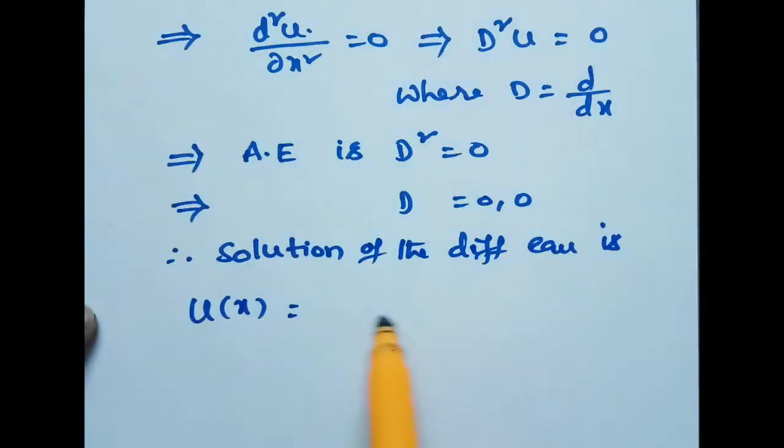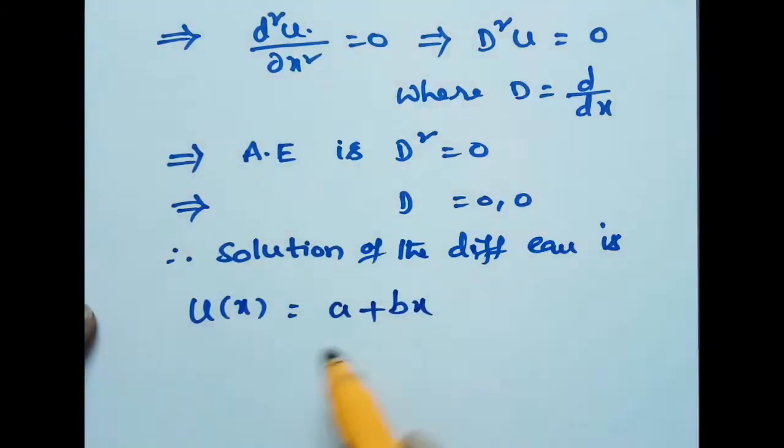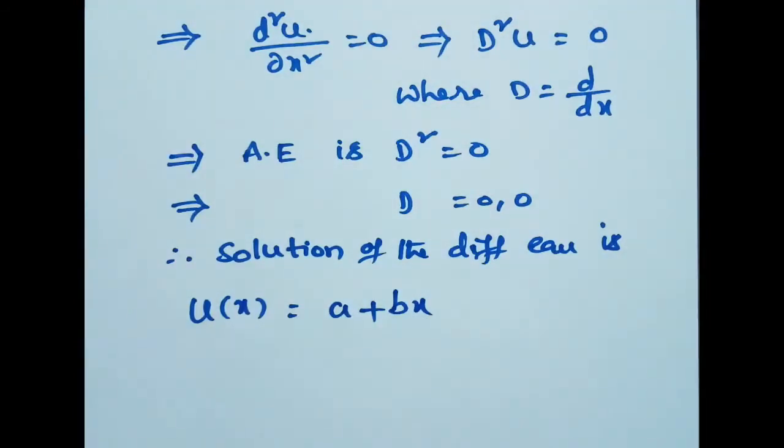Instead of c1 and c2, for our convenience, I am using (a + bx) e^(0x), that is 1. So this is our solution for the differential equation.